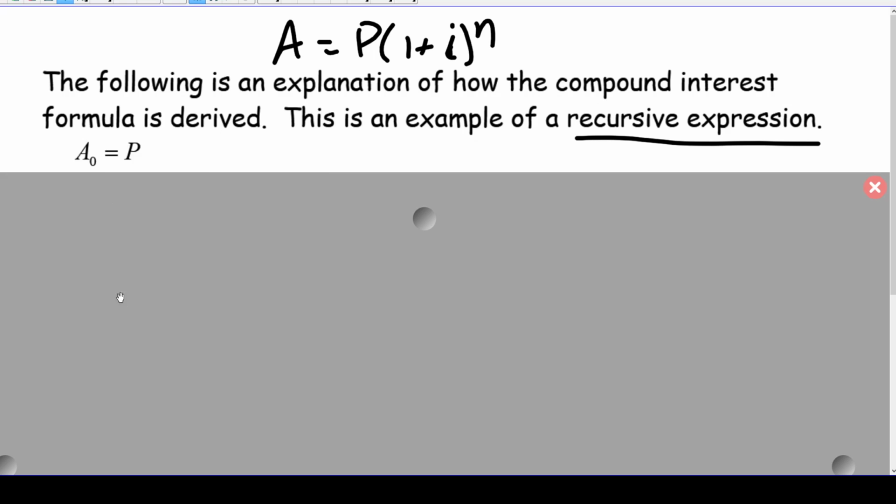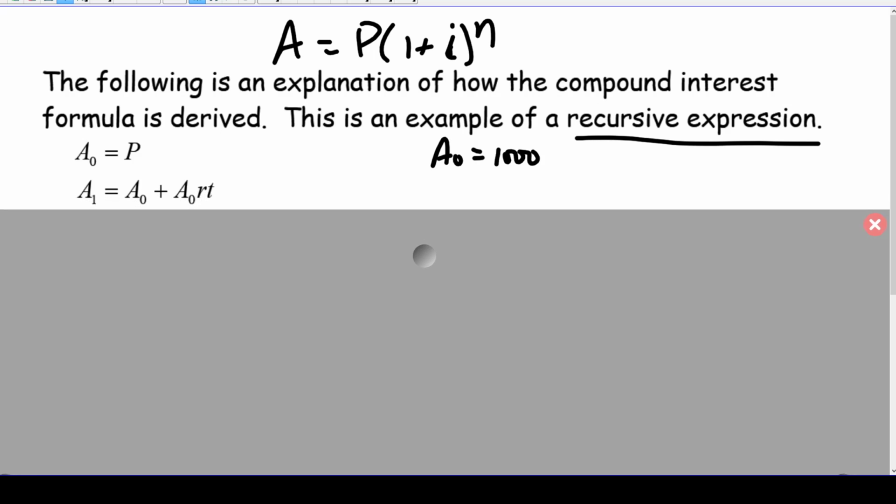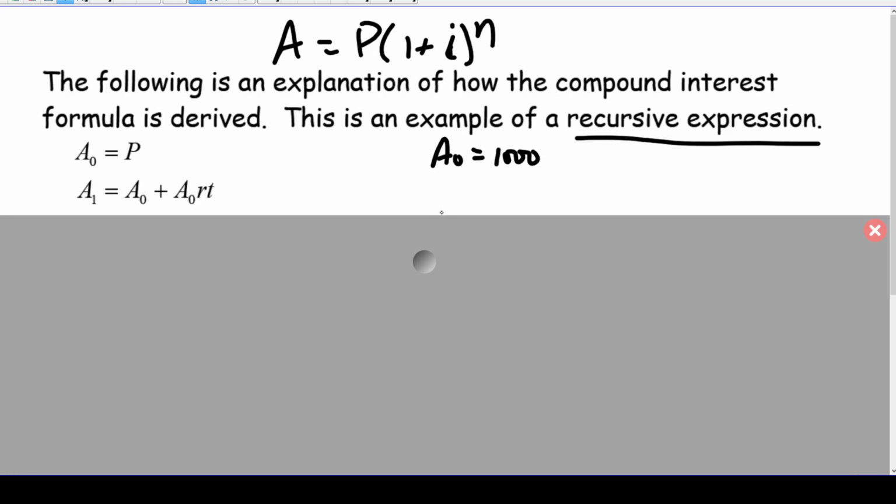Now I wrote it off to the left here so I can write a little bit of stuff on the right. So A0, we start off with A0 is equal to our principal. So our starting amount was $1,000 in the previous example. To calculate the interest, we took that $1,000 and we added PRT to it, right?